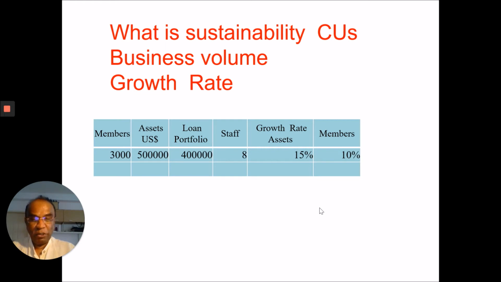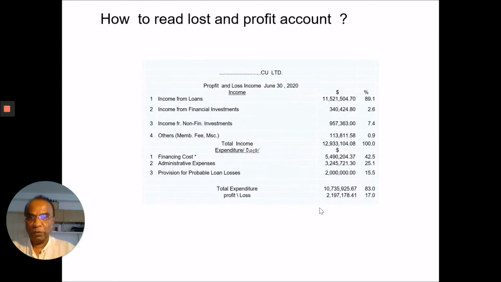That is why, if you look at my previous video, in the US and other countries they go for amalgamation. I don't have much time to deviate. Now they are consolidating, because this is a market economy. The credit union does not have an exclusive financial market.